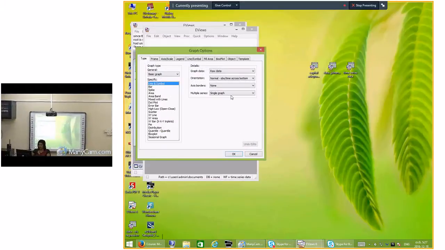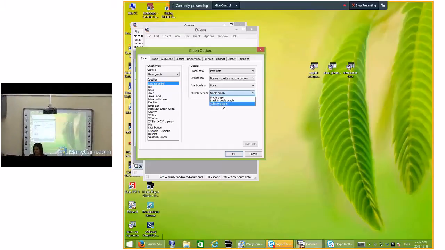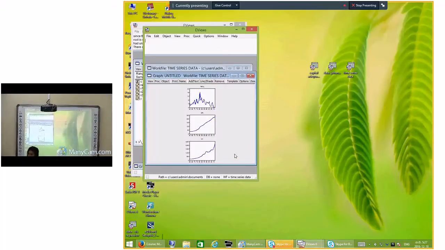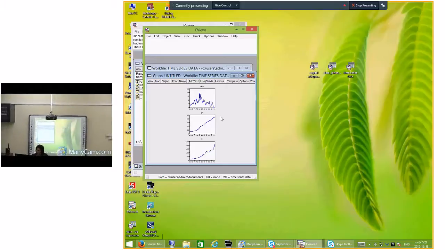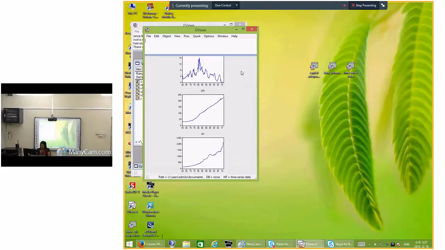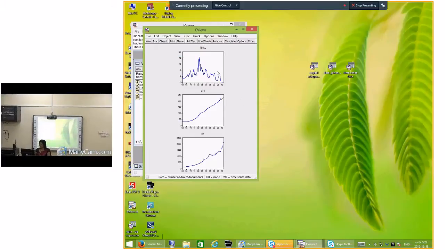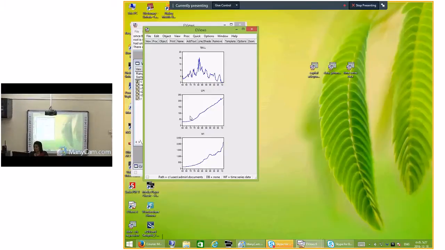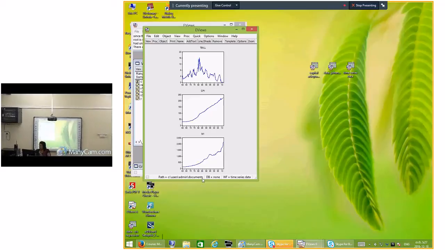It is a multiple graph. Now you can see there is a trend in the variable CPI. You can see the fluctuations in treasury bills, you can see the CPI in trend, and money supply, you can see the trend, right?